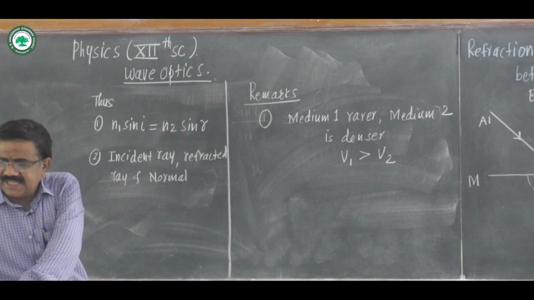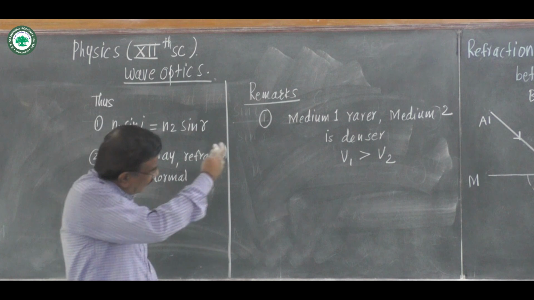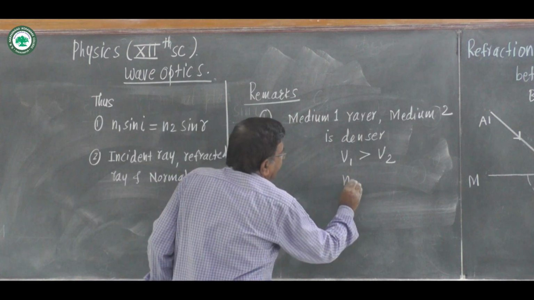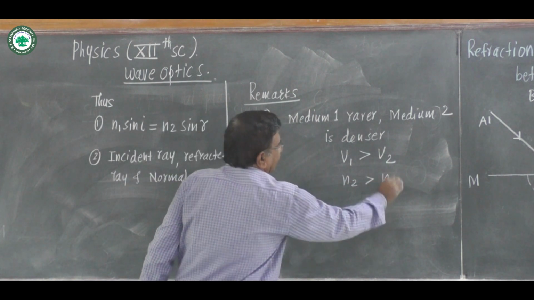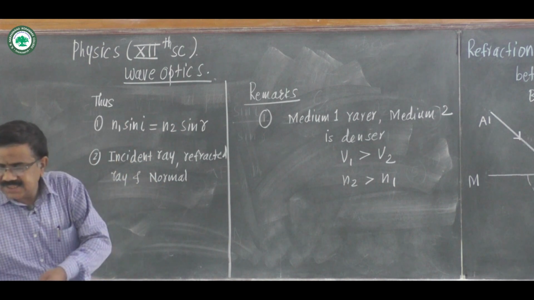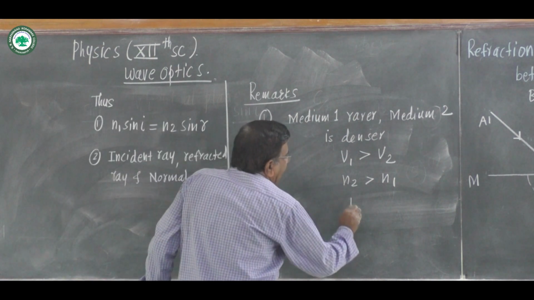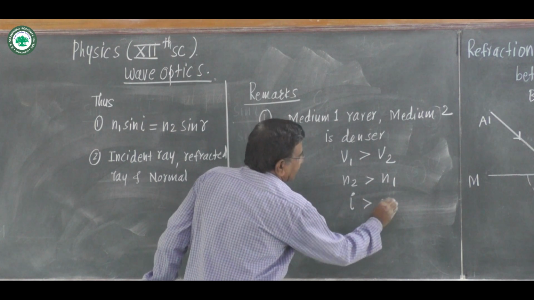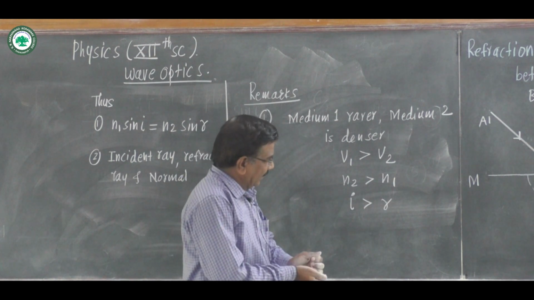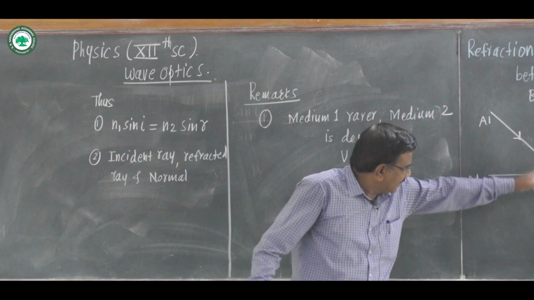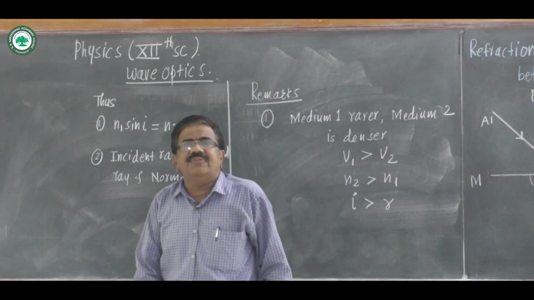And if V1 is greater than V2, then from our equation N2 is greater than N1, and hence I is greater than R. The angle of incidence is greater than the angle of refraction.